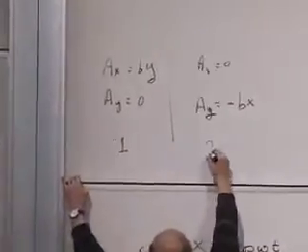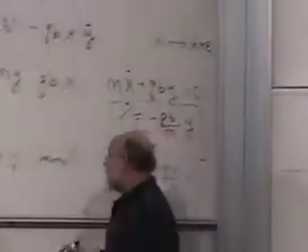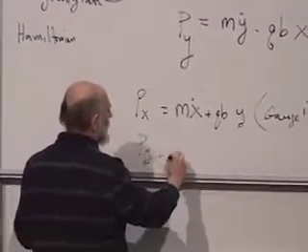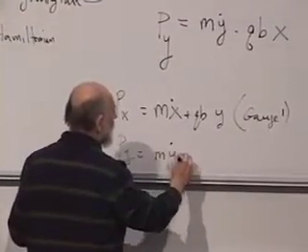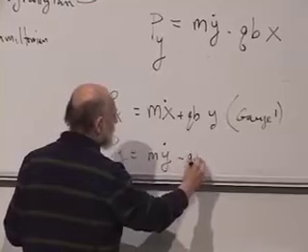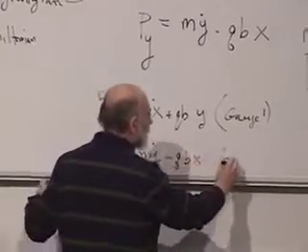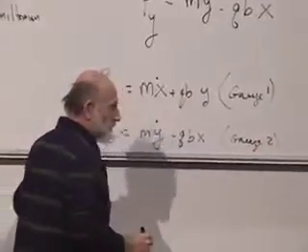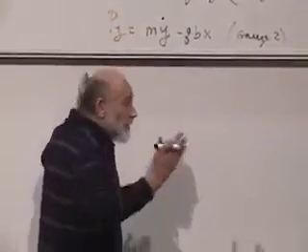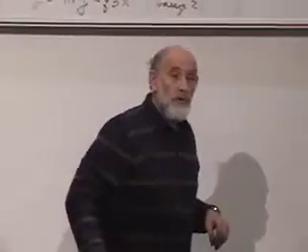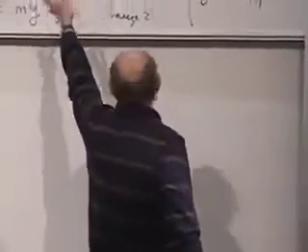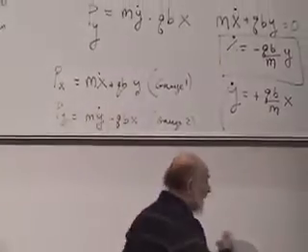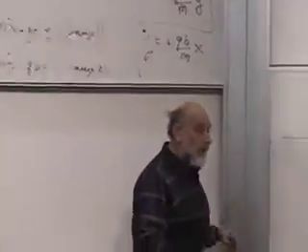And in an entirely different gauge, gauge number 2, we had py equals m y dot minus qbx. Because the real motion doesn't depend on the gauge, I could use gauge 1 to calculate what x does, and gauge 2 to calculate what y does. So it's an odd kind of logic.